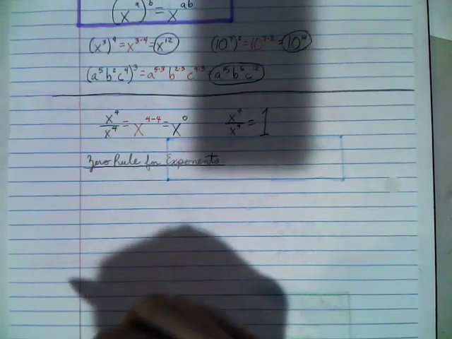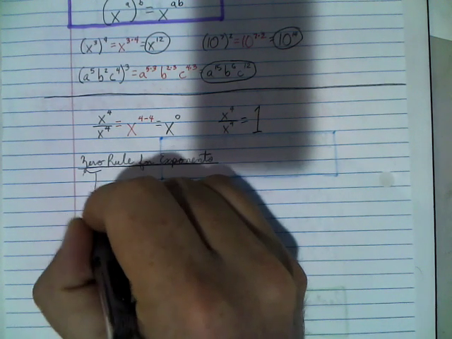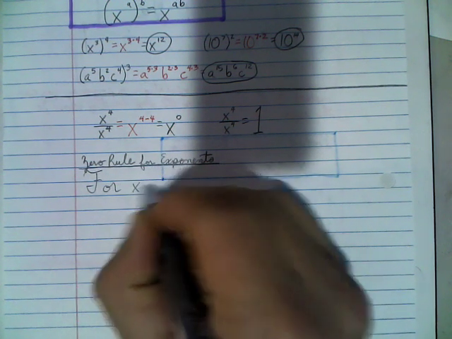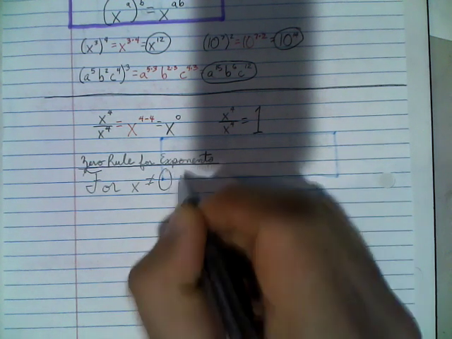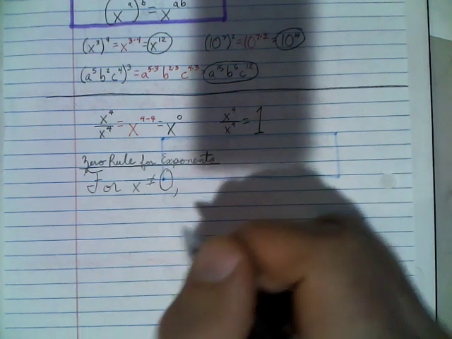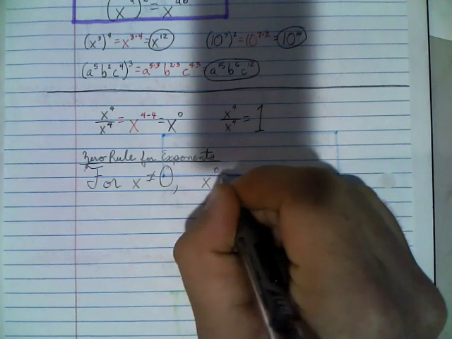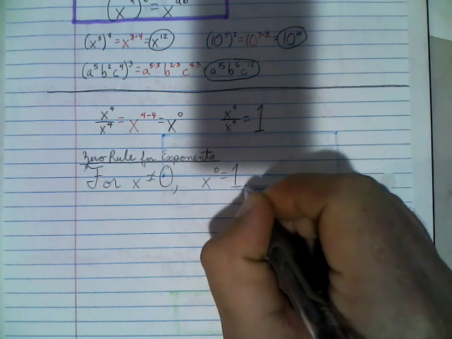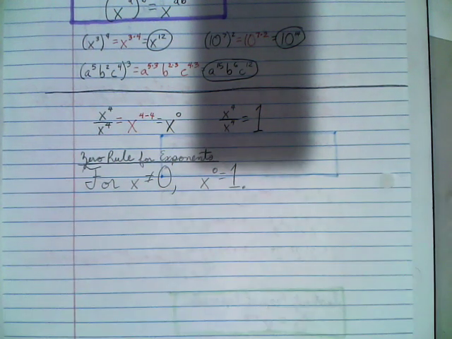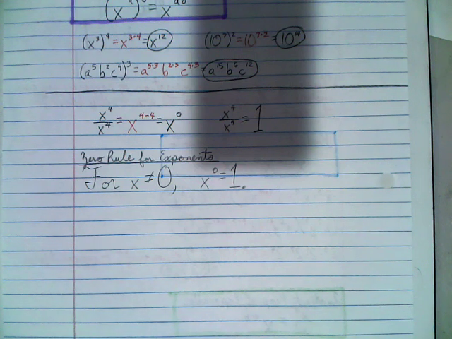And it actually comes with a little disclaimer. It starts off with for x not equal to 0. So you can't have 0 here. If you try to do a 0 to the 0 problem, the trouble that we run into is 0 to pretty much any other power, well, most of the powers, at least the positive half, 0 to anything positive is going to just be 0.